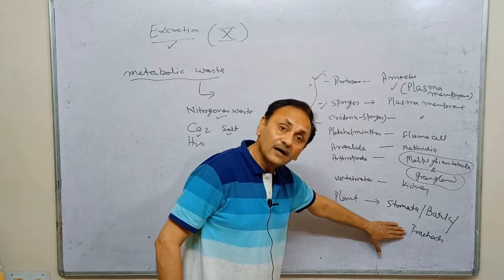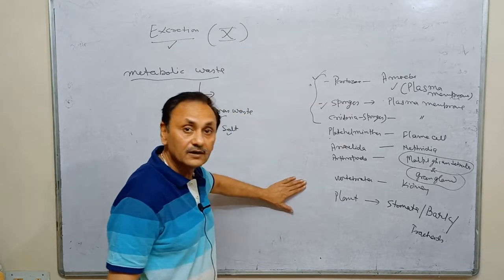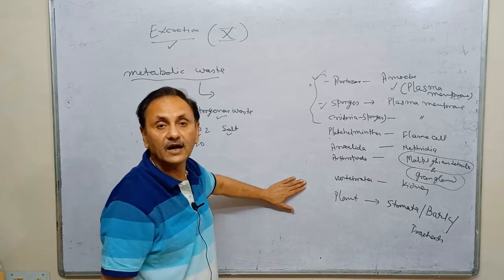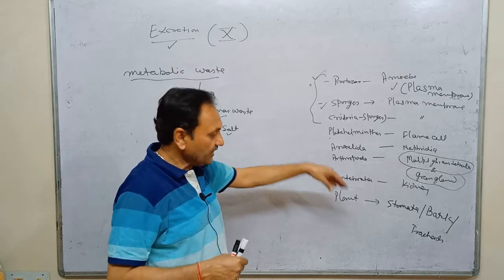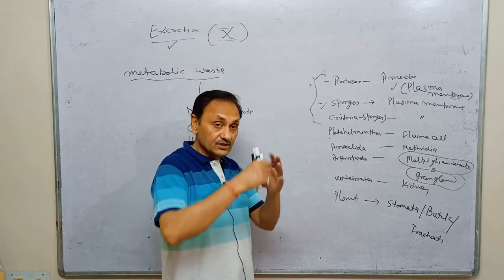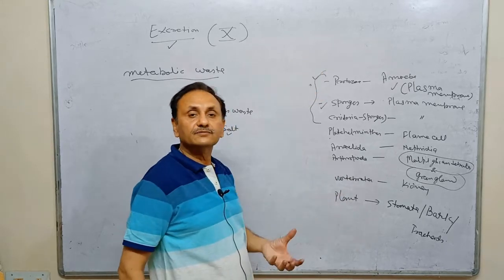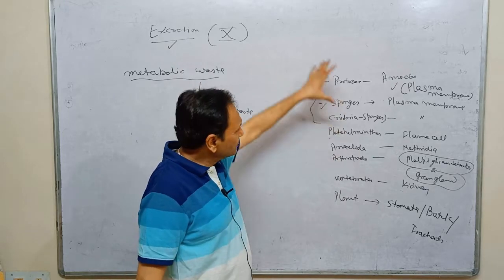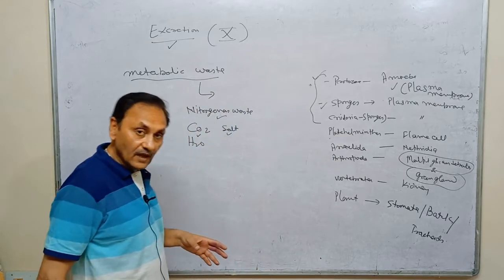One significant characteristic of excretion in plants is that they utilize the excreta by accumulating it inside the tracheids, which provides them strength. In this way, we can say that different organs are responsible for excretion.